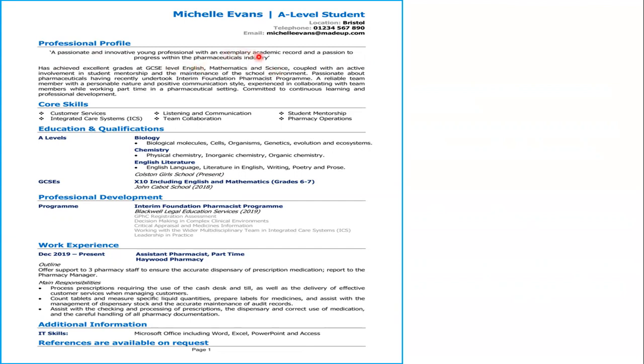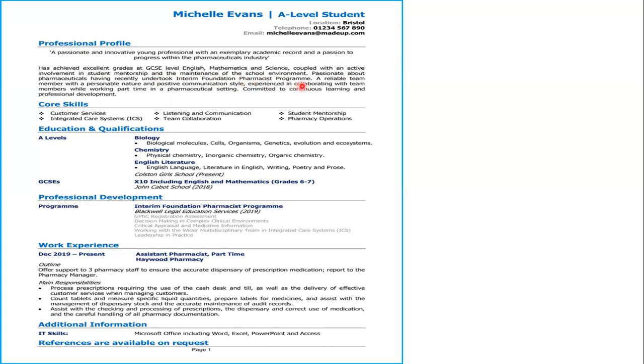He has expressed his qualities and vision where he actually wants to go to, has achieved excellent skills at GCSE level English, mathematics, and science, coupled with an active involvement in student mentorship and maintenance of the school environment.